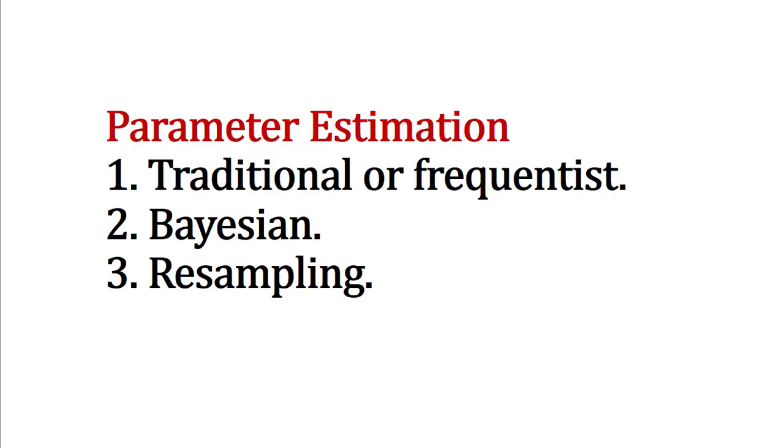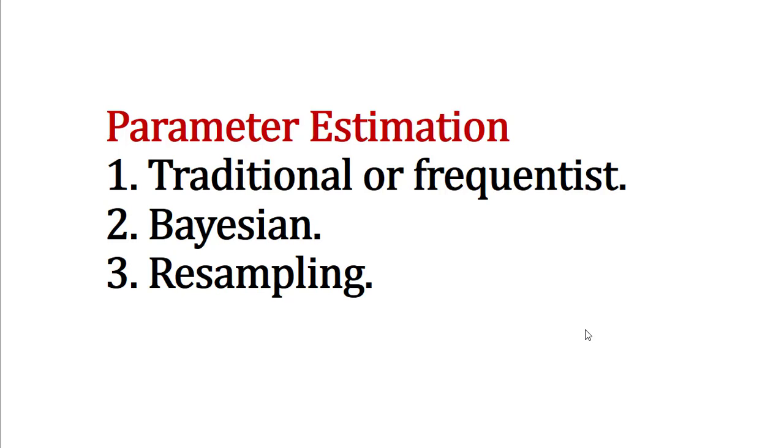Okay, let's now move to parameter estimation, and as always we are going to see the traditional frequentist approach, the Bayesian approach, and the resampling approach. And in the traditional frequentist, we are going to estimate the mean of each variable. That is our estimation of the mean of the population for each variable.